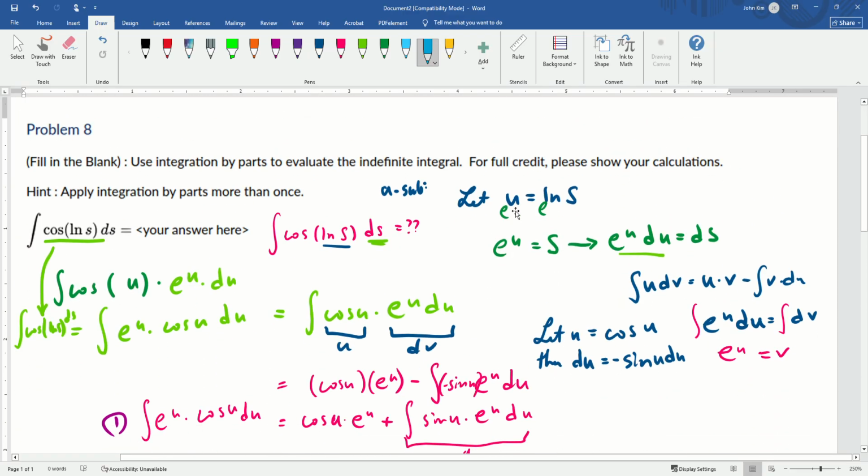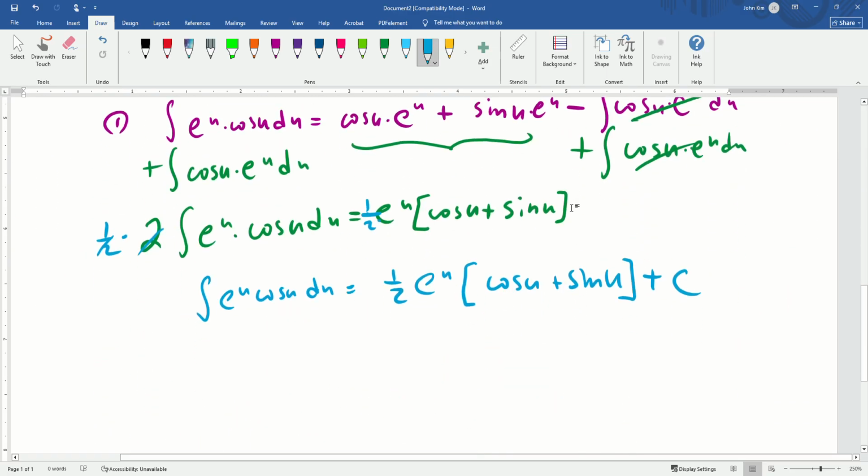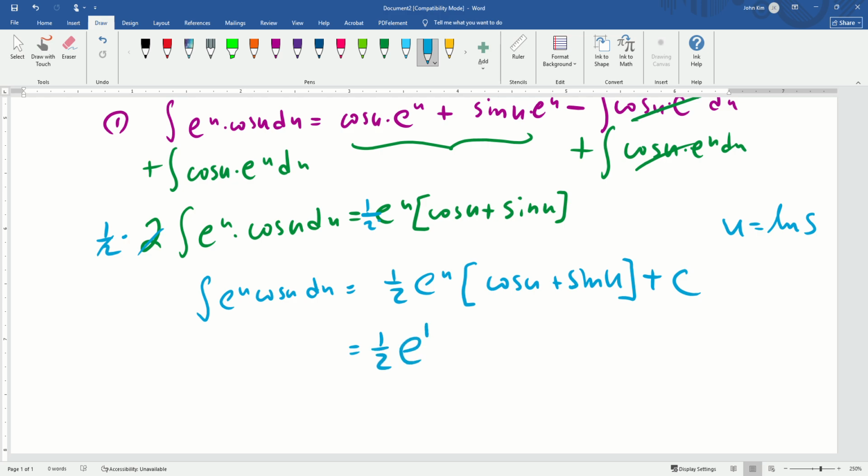At the very beginning, u was ln of s, right? So we had to back substitute. U was natural log of s, so it becomes 1/2 e to the natural log of s times cosine of natural log of s plus sine of natural log of s, plus c.